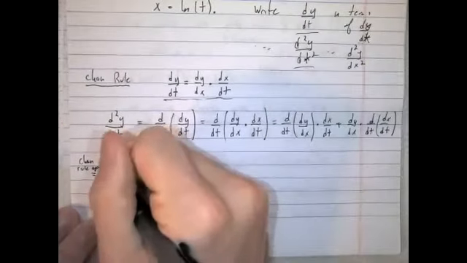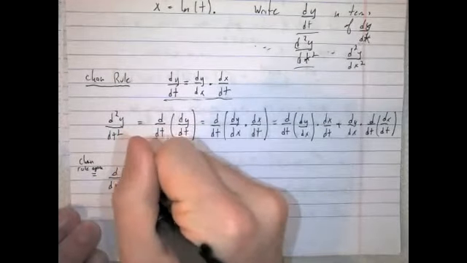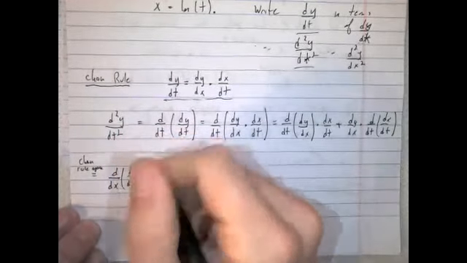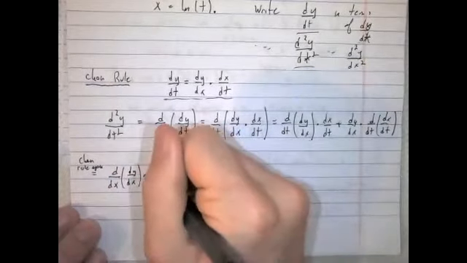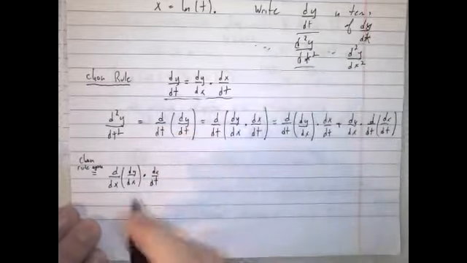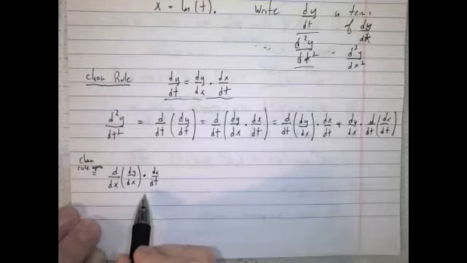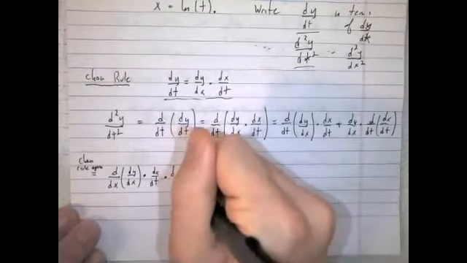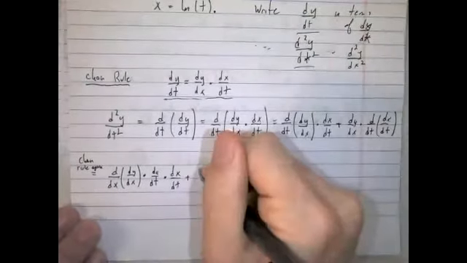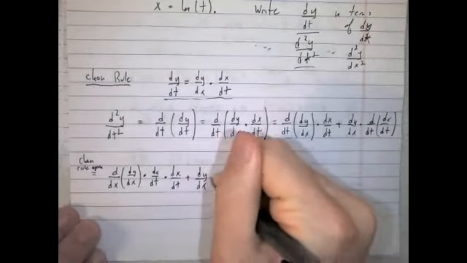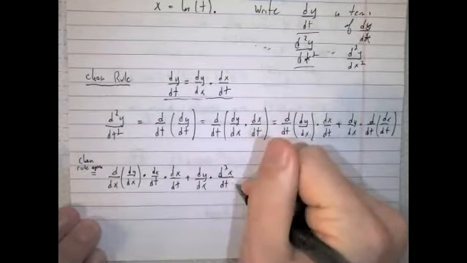So I need to take the x derivative here: d over dx of dy over dx, times now I need to multiply by dx over dt. Here's a function of x, and I need to multiply by the dependence of x on t, times dx over dt, plus, over here, this is already done. This is just dy over dx times d squared of x with respect to dt squared.